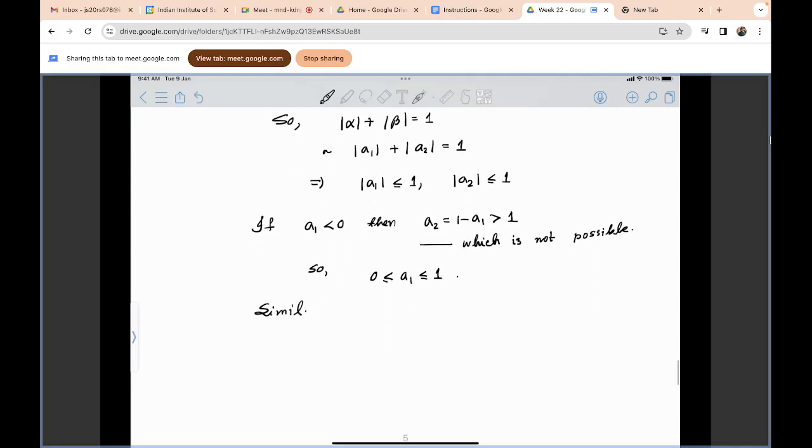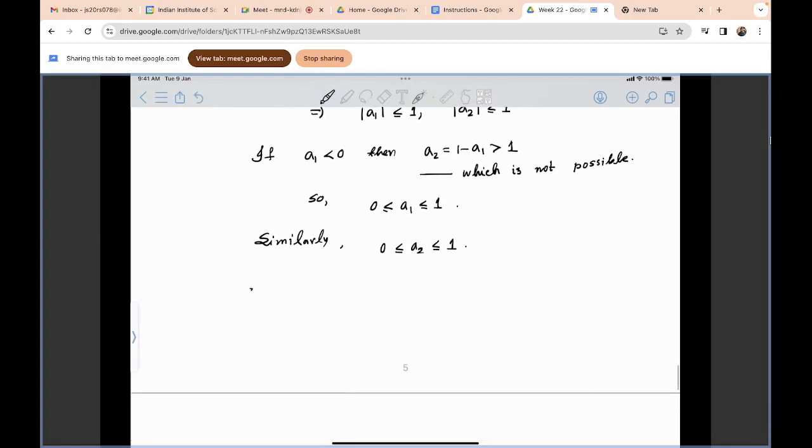Similarly, you can show 0 is less than or equal to A2, less than or equal to 1. So we get alpha equals A1, where A1 belongs to 0 1, and beta equals A2, which also belongs to 0 1.